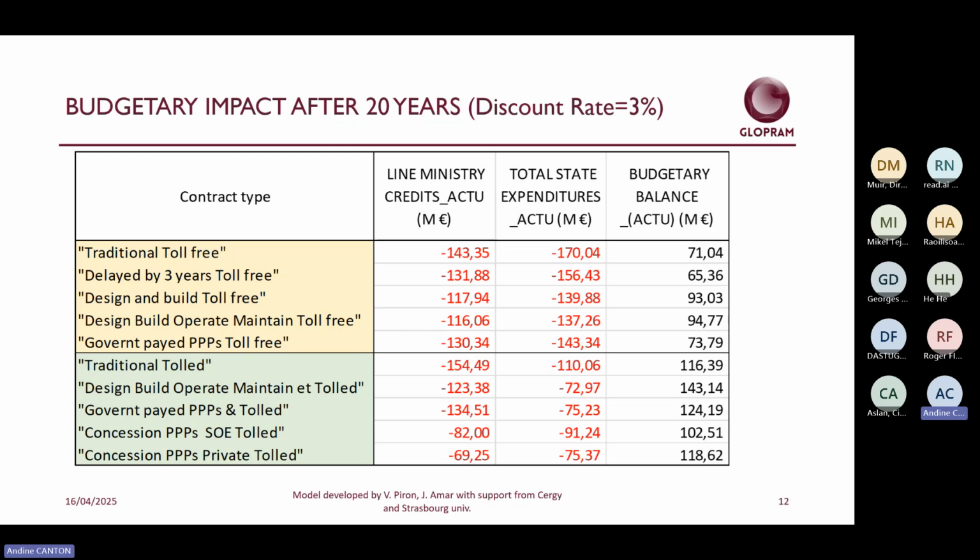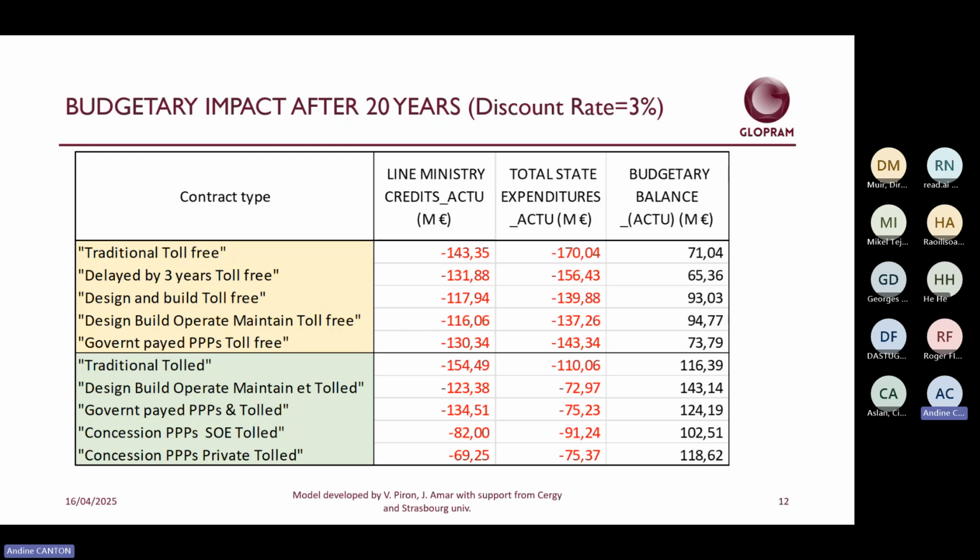And you have two columns, the line ministry credit and the real cost for the budget, which is above the line ministry credit because the country is indebted and it borrows, in my hypothesis, money to pay the credit to the enterprise. The last column on the right is the budgetary balance, revenues minus the cost.